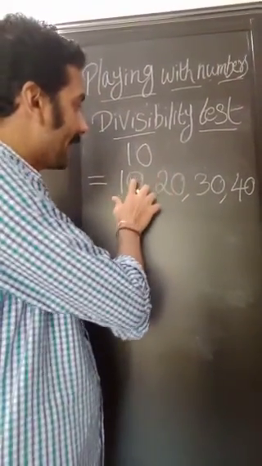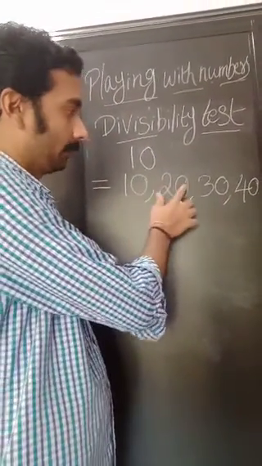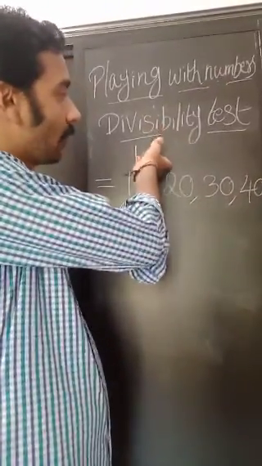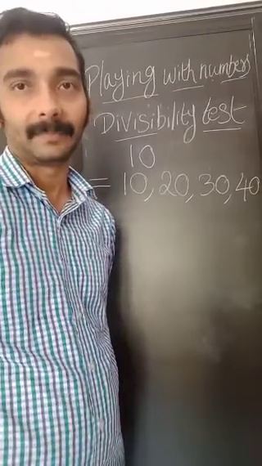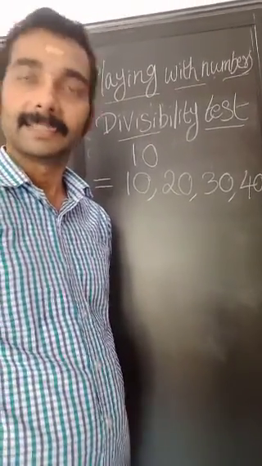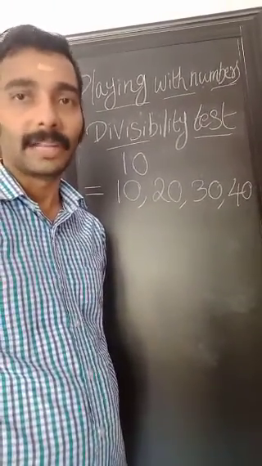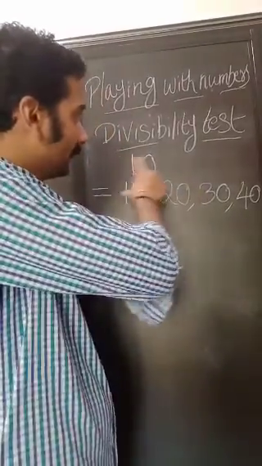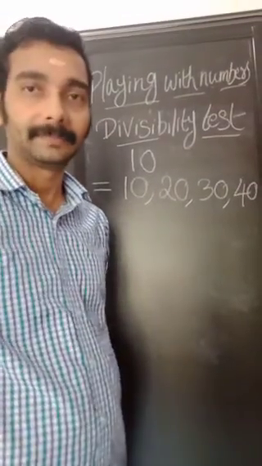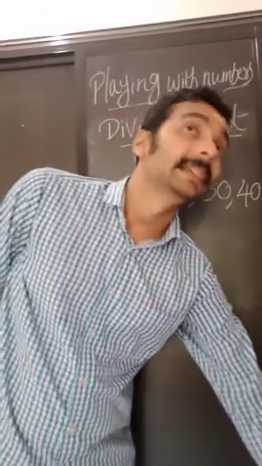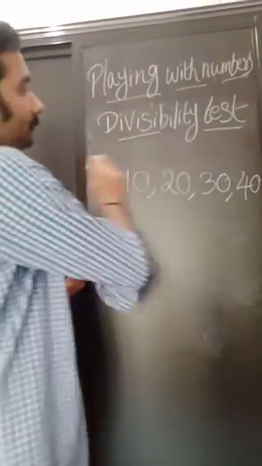If the number ends with 0, it is divisible by 10. That is the divisibility test. Okay.